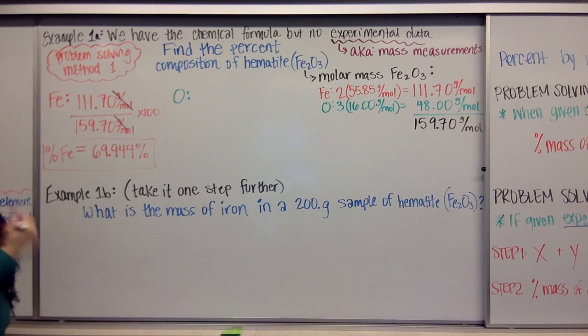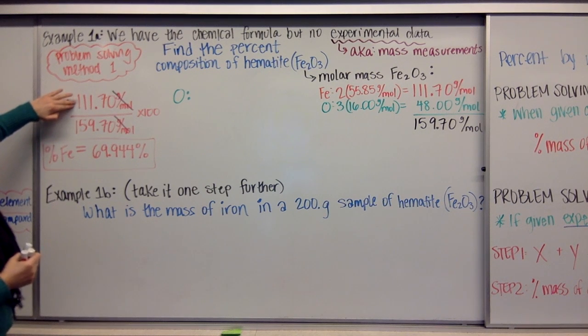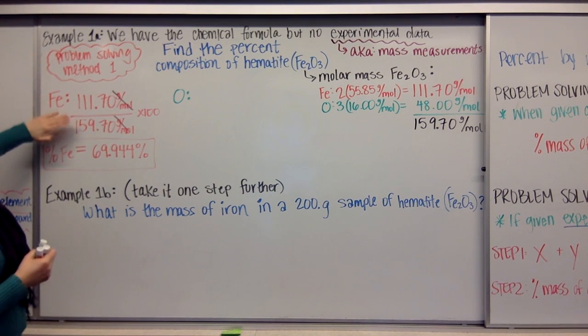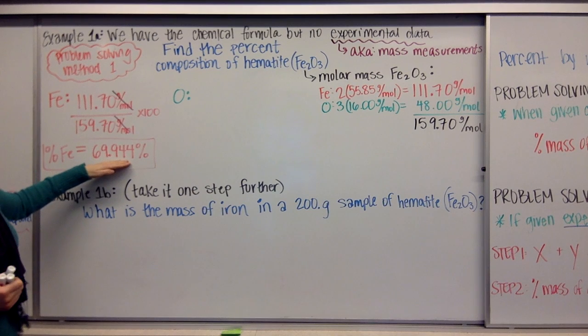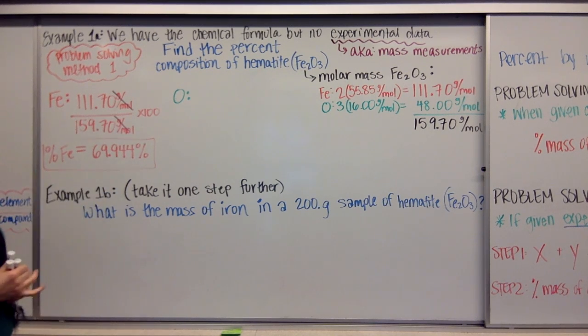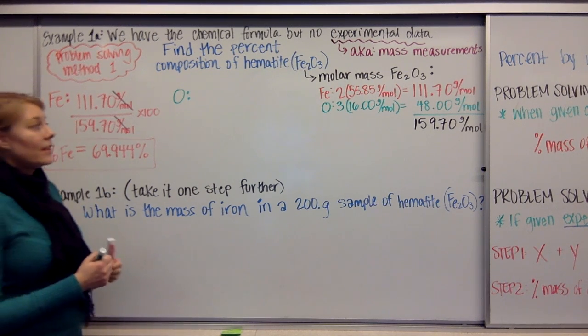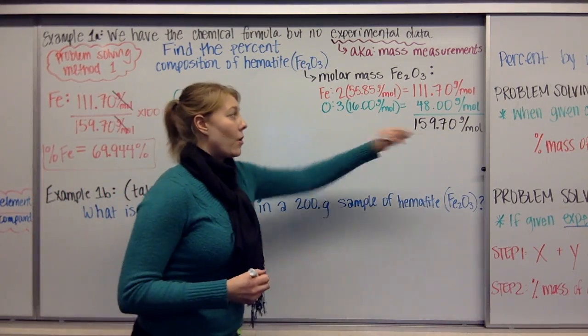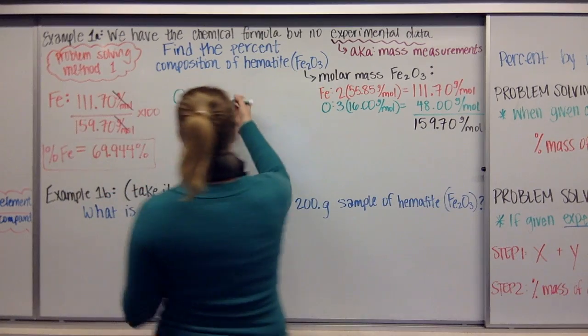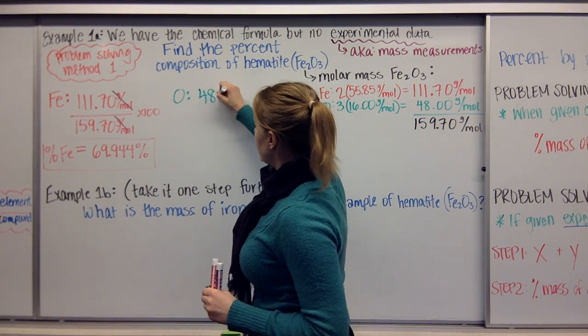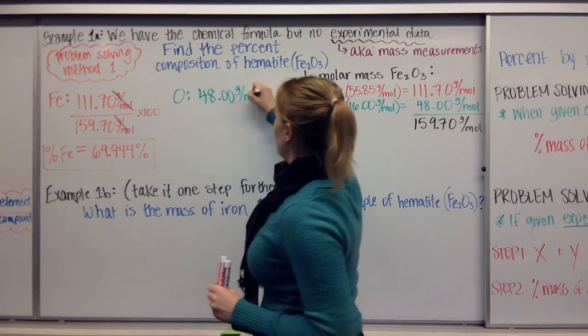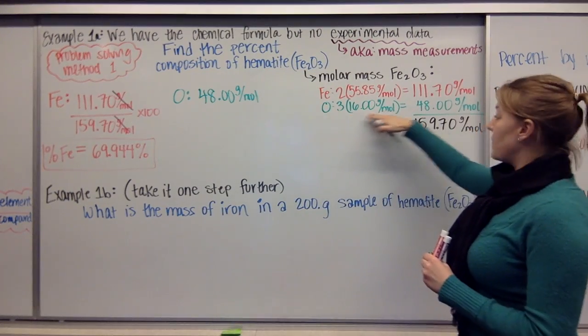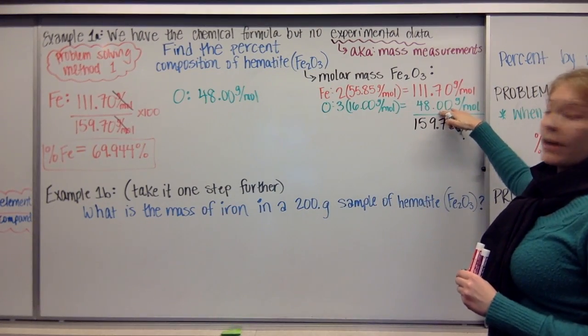We also have to figure this out for oxygen. Let me also reference the sig figs. We have 5 sig figs on top, 5 sig figs on bottom, so your answer should have 5 sig figs. That's why it's such a long number. Now for oxygen, we're looking at the part of just the oxygen in the compound divided by the whole. This time we have 48 grams per mole, because that's the molar mass of oxygen in that whole compound.